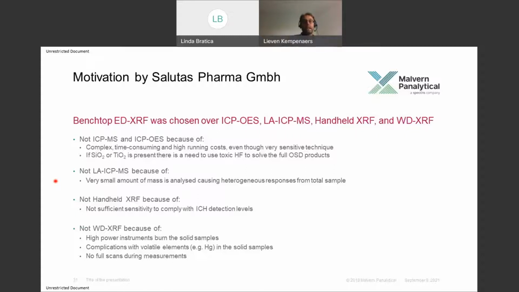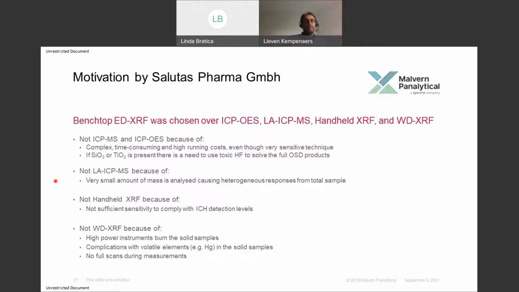They also looked at the performance of the handheld XRF, and they said that's not good enough because the sensitivity is not good enough to achieve those low ICH detection levels. They also looked at WD XRF, and they described that, yes, it's also a powerful technique, but the high power will make the method a little bit more complex when certain elements like mercury disappear or evaporate because they are more volatile.